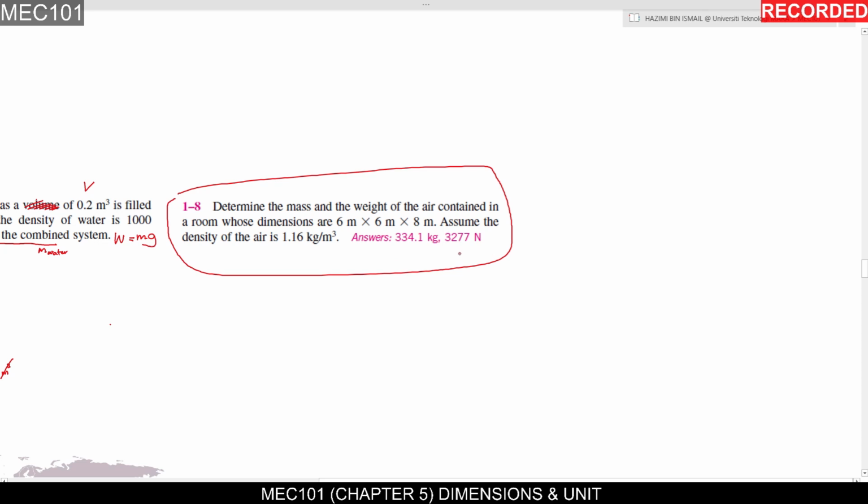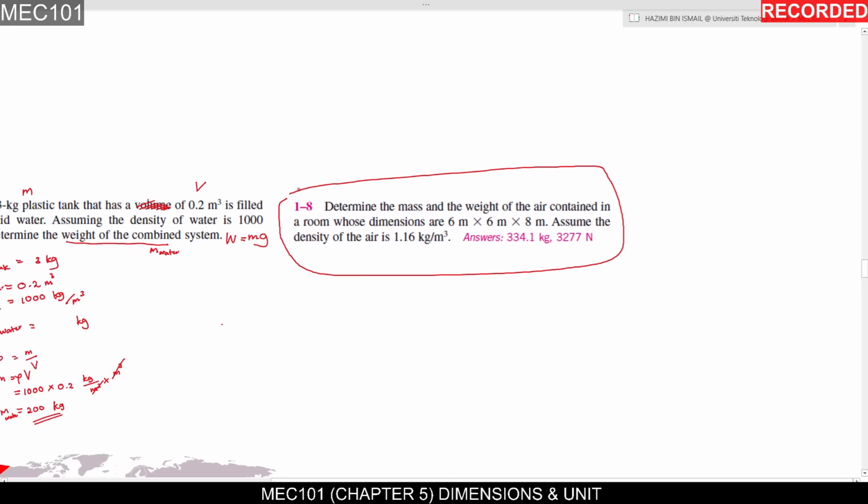You have to write your solutions, take a picture of the solutions, put it in the Google Drive and share that link in the Google Classroom. I will put a section for this homework. Okay, so make sure you do these questions here.